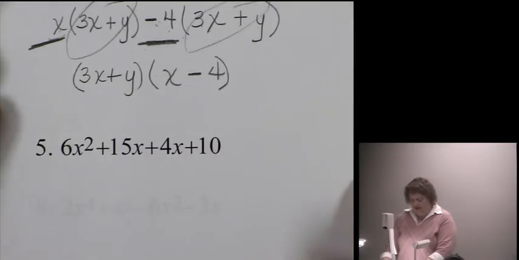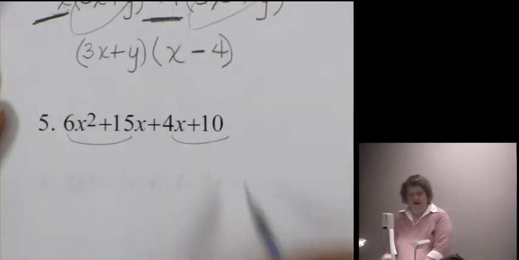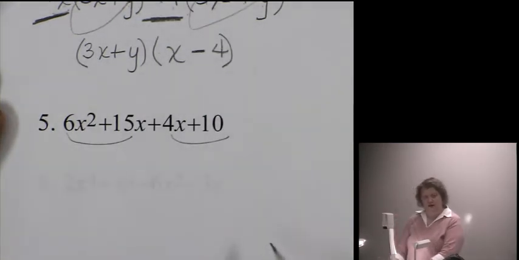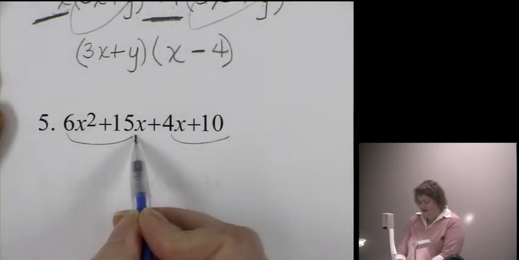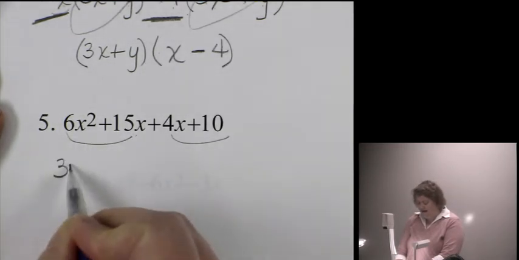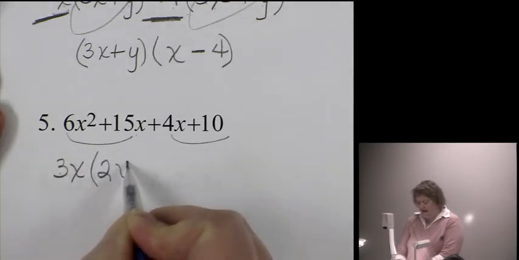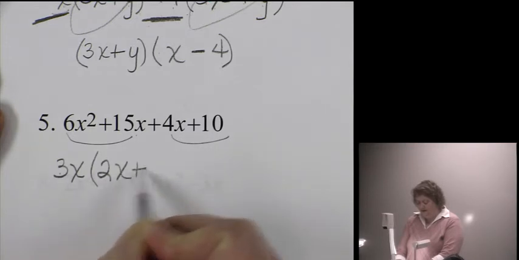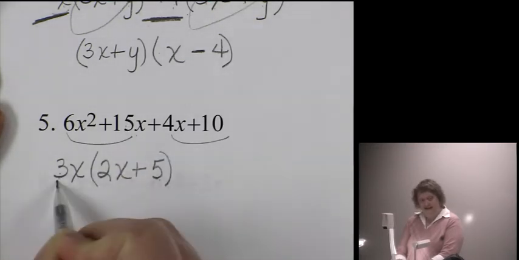Okay, let's look at another example, looking at the first two terms and looking at the last two terms. The first two terms have in common a 3 and an x. 3 goes into 6 2 times and an x left over. 3 goes into 15 5 times and it takes the x out.